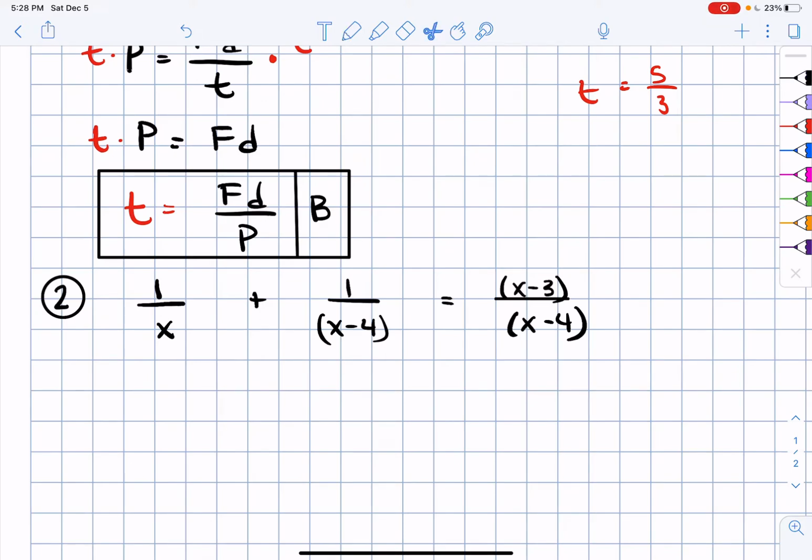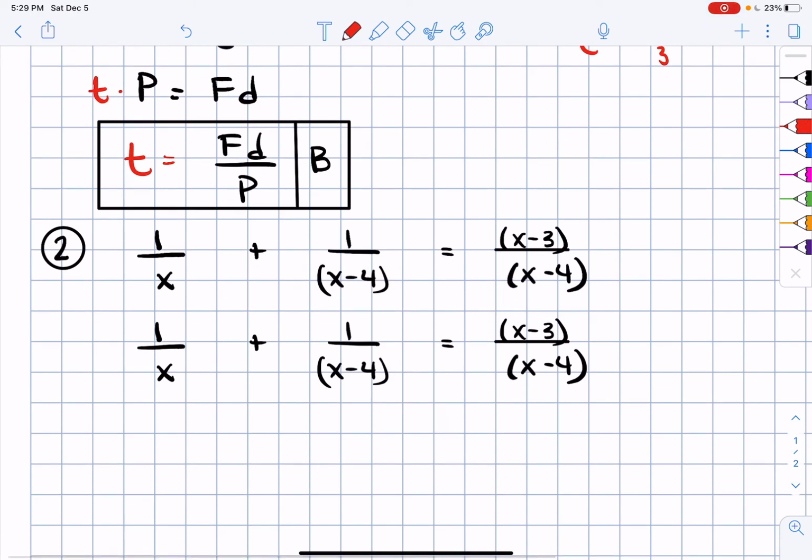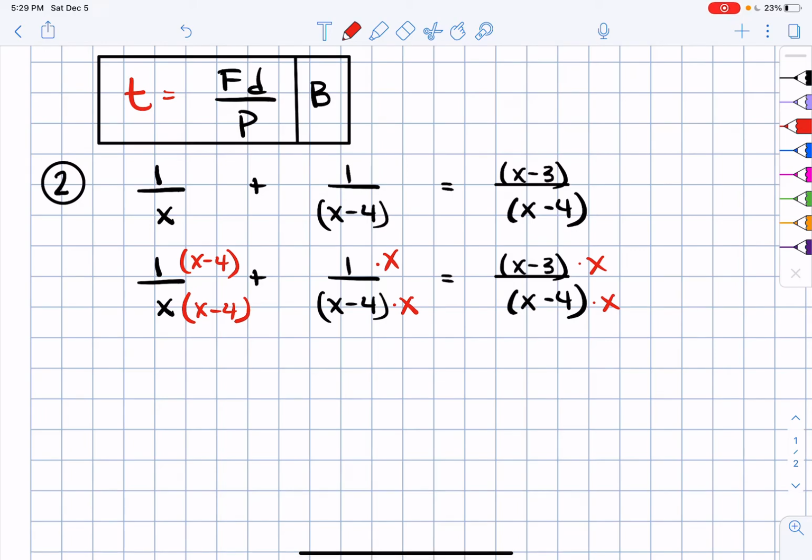So I have to ask myself, what do they have that I don't have? Let me paste this down here so I can show you everything they don't have. If I'm at the first fraction, I don't have an x minus 4 and they do. The second fraction doesn't have an x, and the third fraction doesn't have an x.